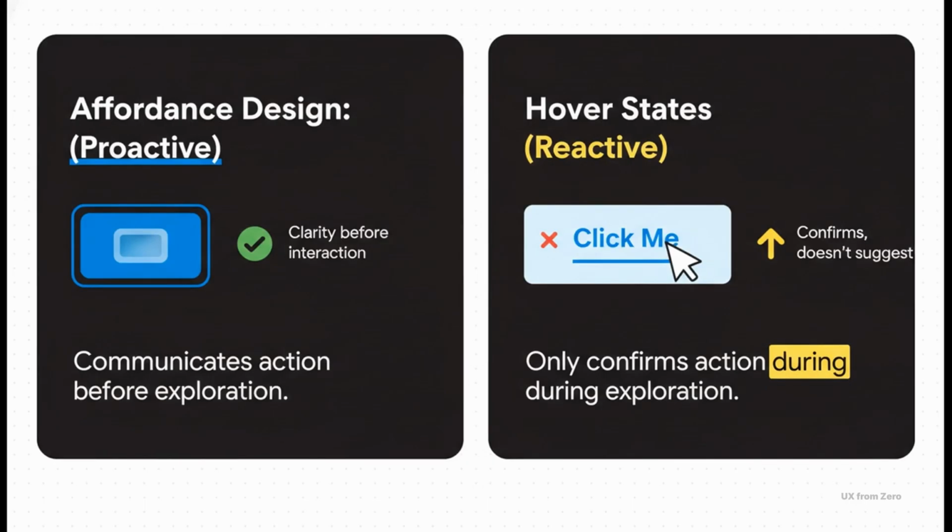What about hover states? You know, when you move your mouse over it and it changes. That's a fair point, but it's also kind of a patch, not a solution. See, good design tells you what's clickable before you even move your mouse. A hover state only confirms it's clickable after you've already started hunting for it. That's a huge difference. It's reactive, not proactive.